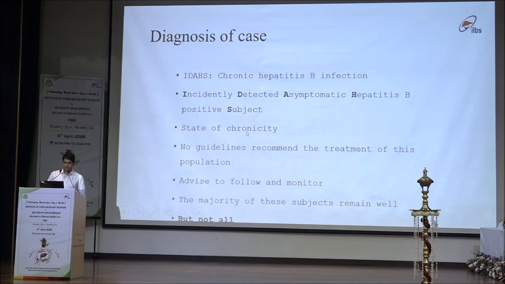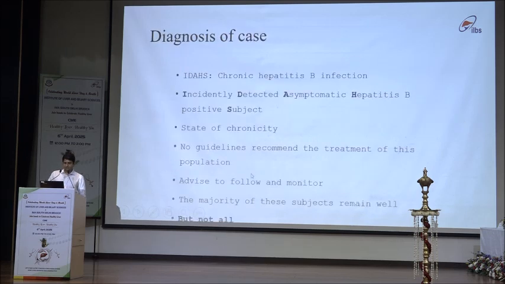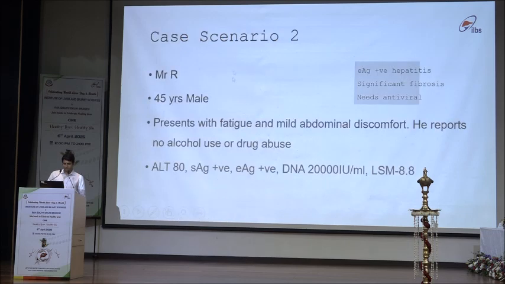So, this is basically a state of chronicity of hepatitis B virus. As of now, no guideline recommends treatment for this population, and in the majority of patients we advise follow up with close monitoring. Majority of the patients behave well, but not all.